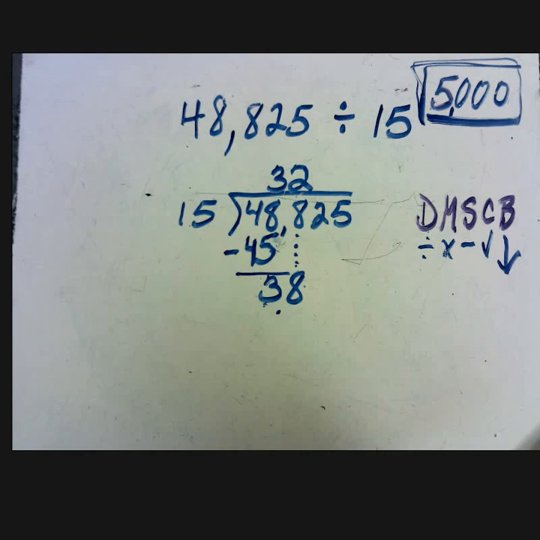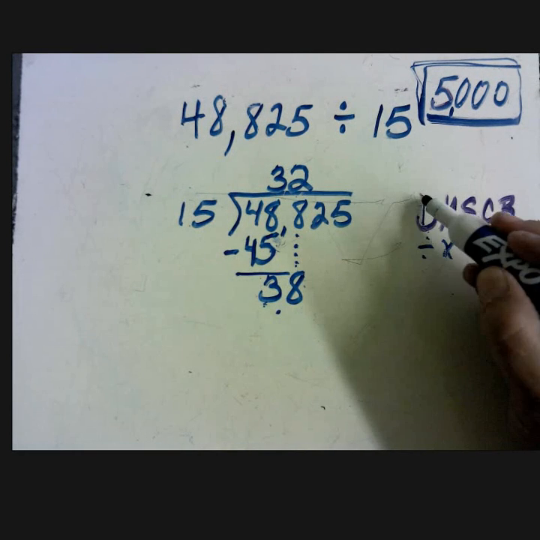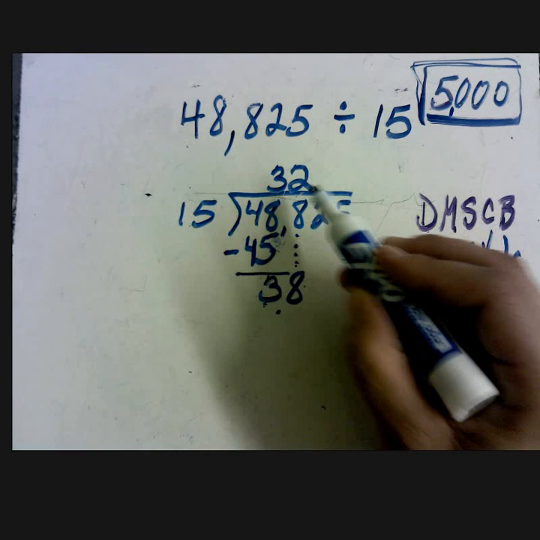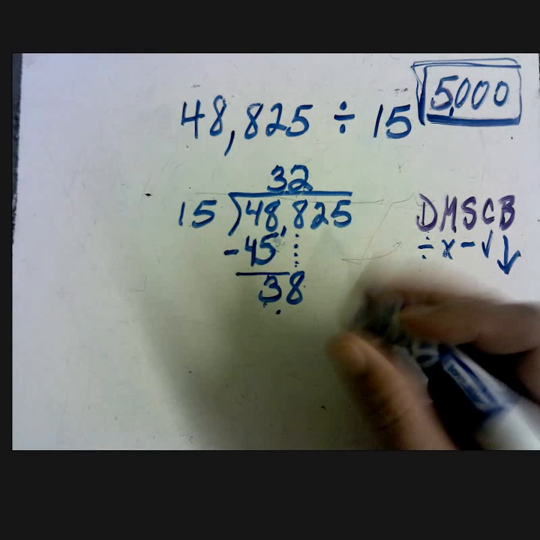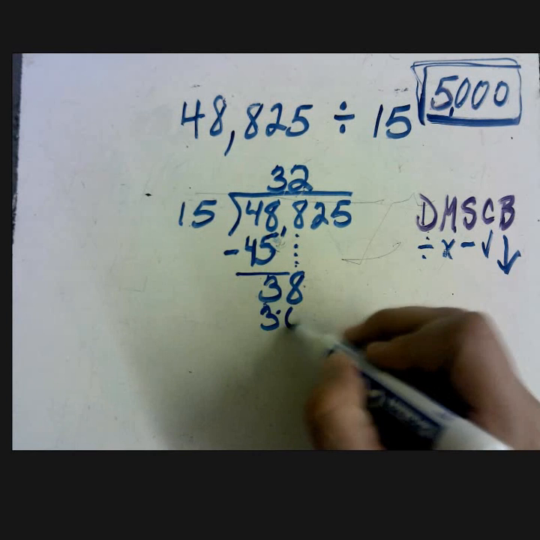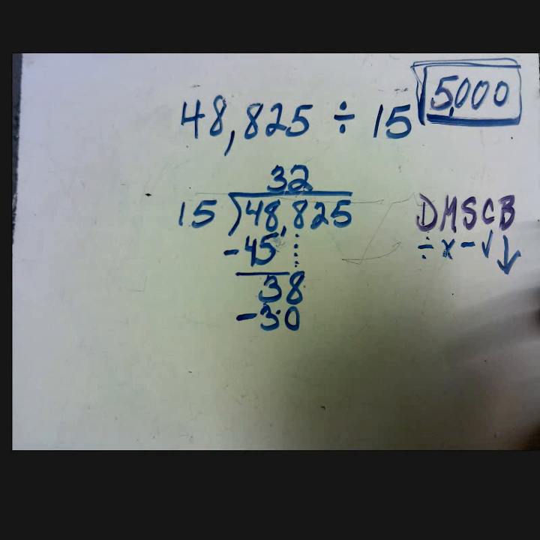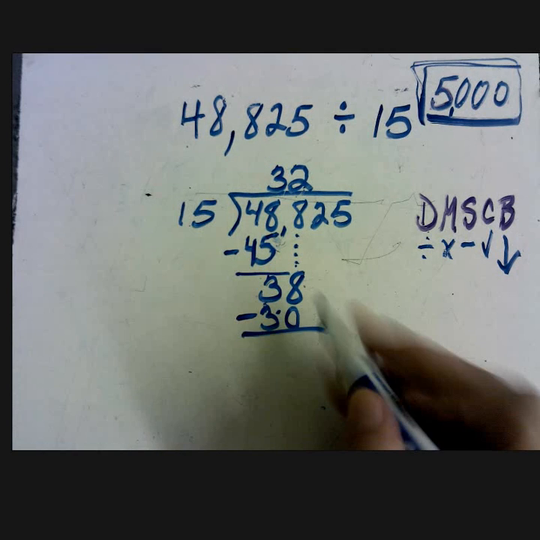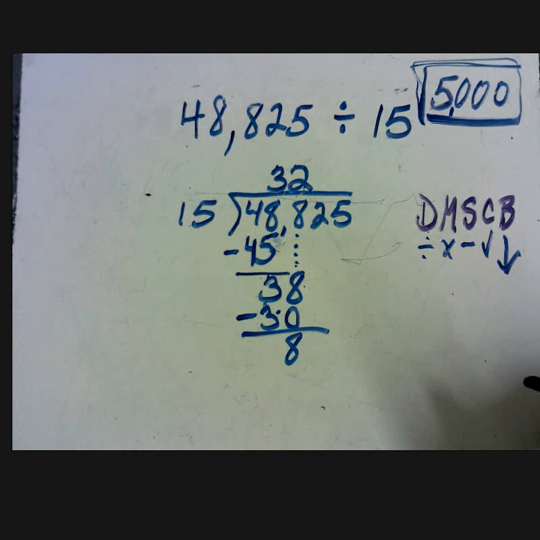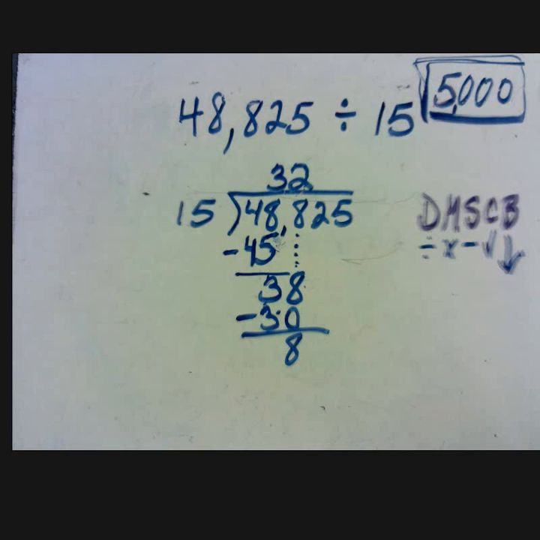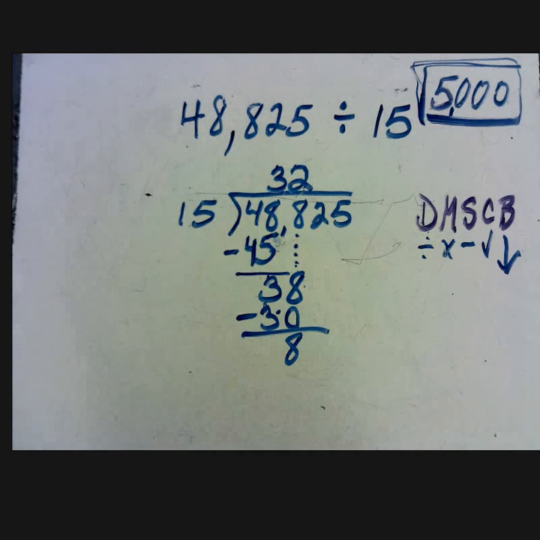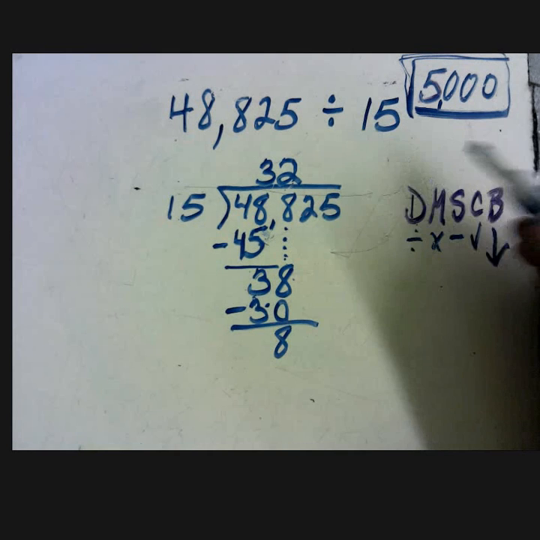I subtract next, and I'm left with 8. Now I have to check, is 8 lower than 15? Yes, it is, so I'm okay. I'm good to go. You go back to the beginning each time, okay? Oh, I'm sorry. I checked, and now I have to bring down a number. And the next number is a 2, okay?